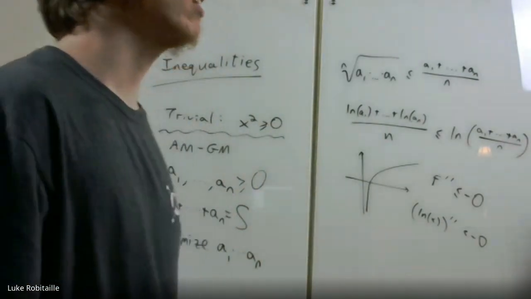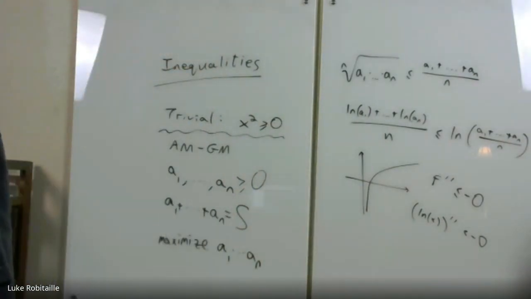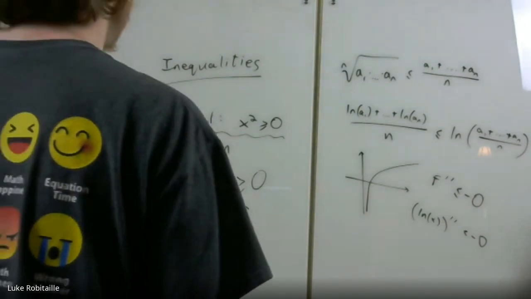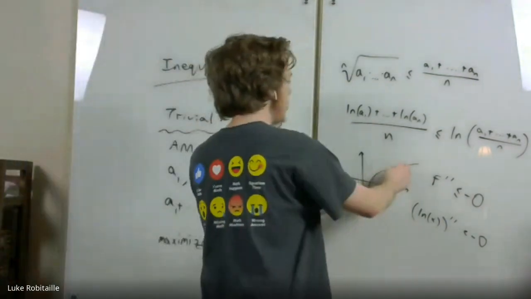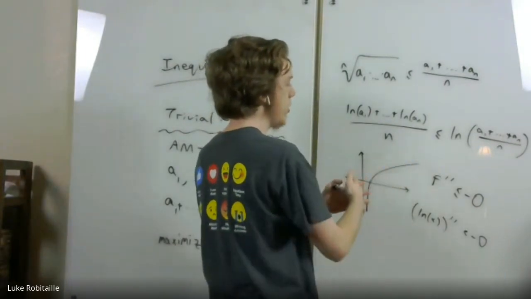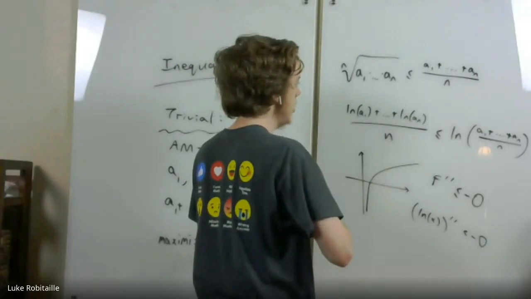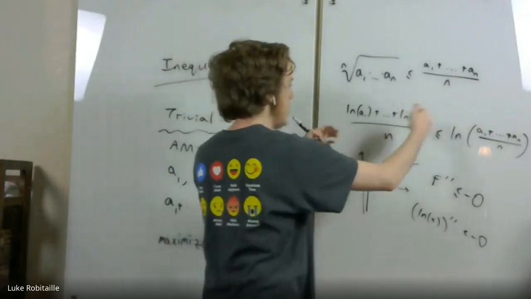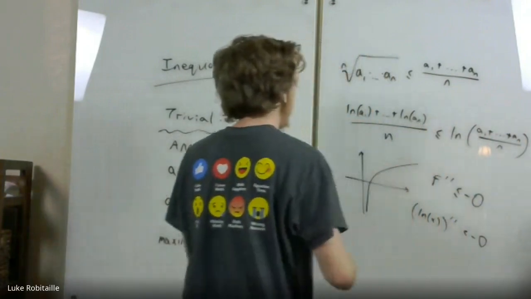And so, in fact, there's a weighted version of AM-GM. The point is, replacing some points on a curve with the weighted average, if it's concave, will increase the value, since you want to move them closer together on the concave curve.